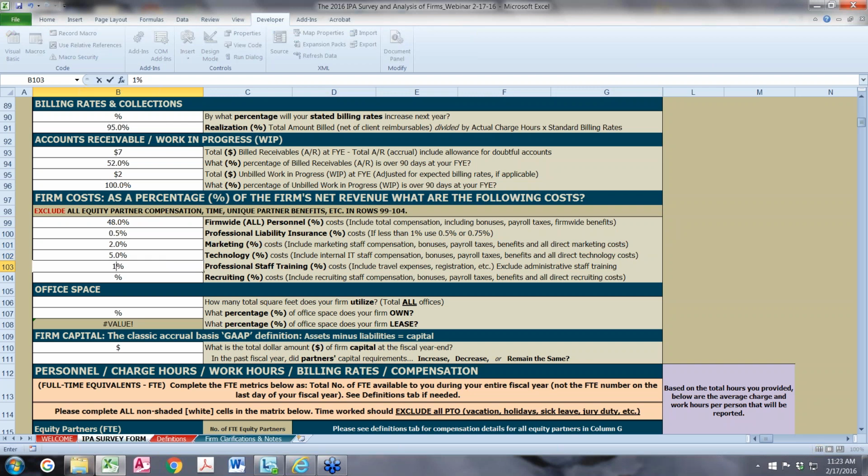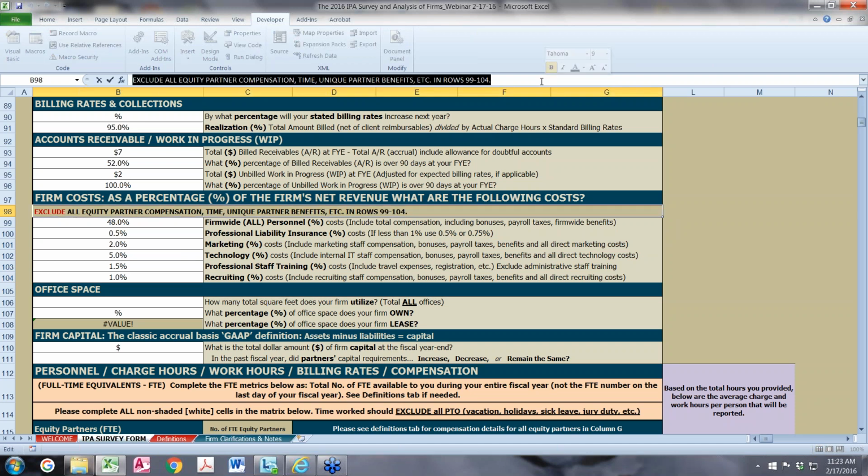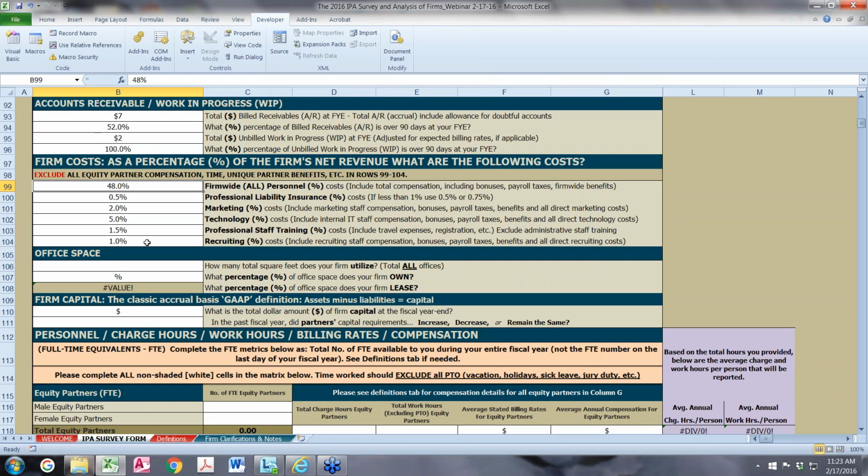In all cases, please do not include any equity partner compensation, time, or unique benefits in any of the calculations in rows 99 through 104. In all cases, please report as a percentage of the firm's total net revenues that you put into row 47.